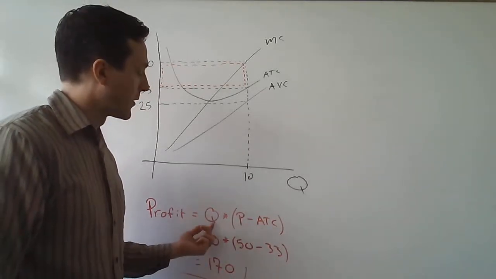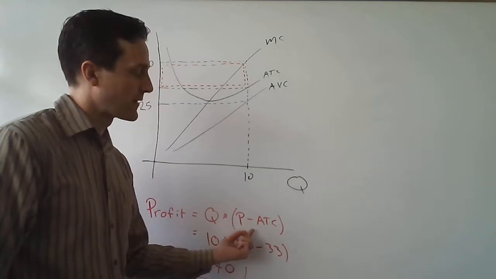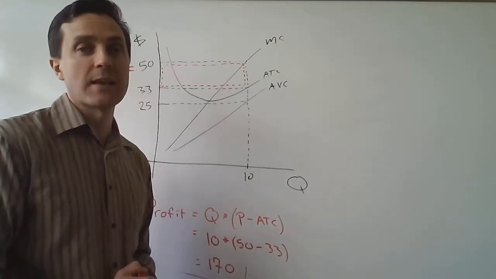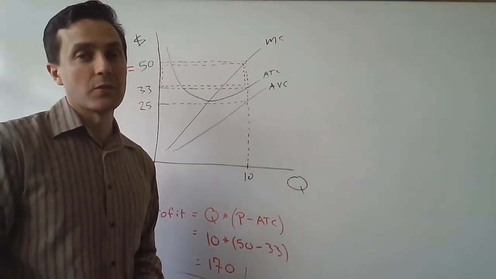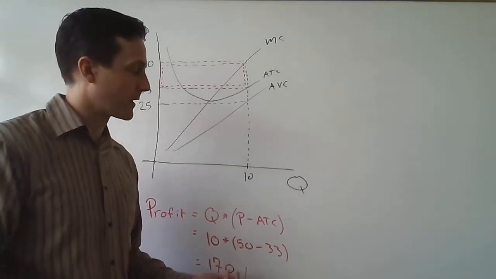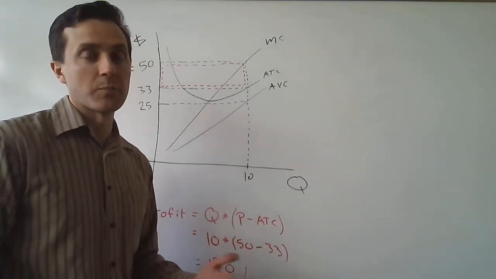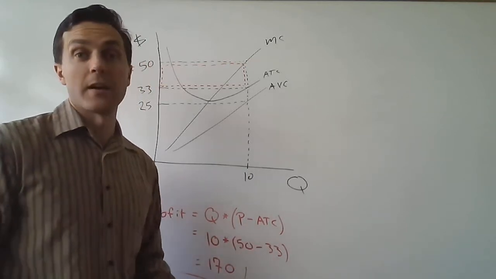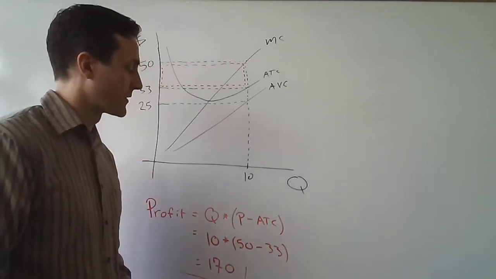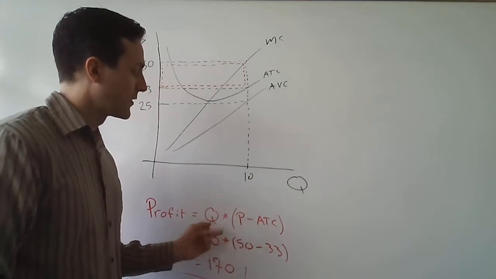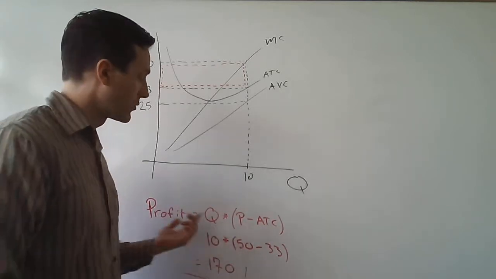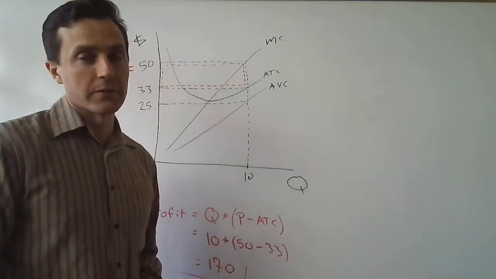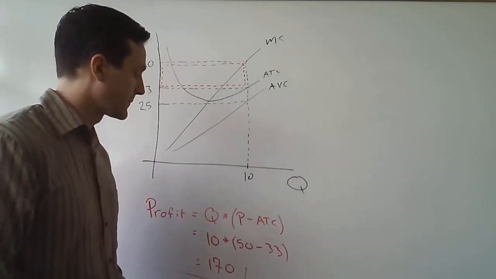So quantity times price minus average total cost. That's because price minus average total cost gives you the profit per unit. Every unit you're producing is essentially getting you price minus average total cost on average in terms of extra profit. And so you multiply that by the quantity, and that gives you total profit across all those units that you are producing.